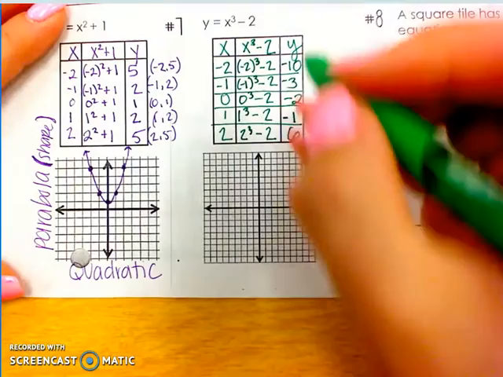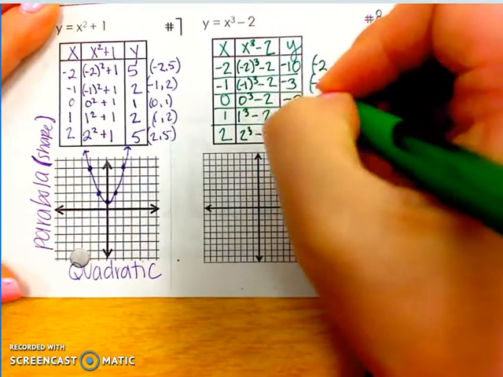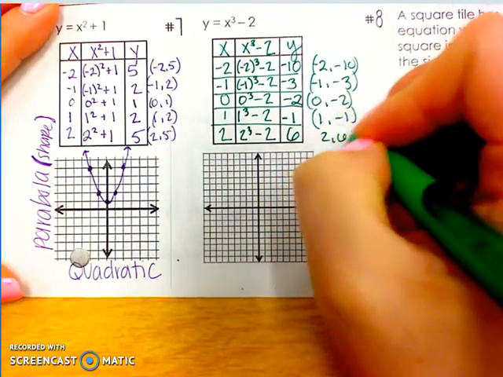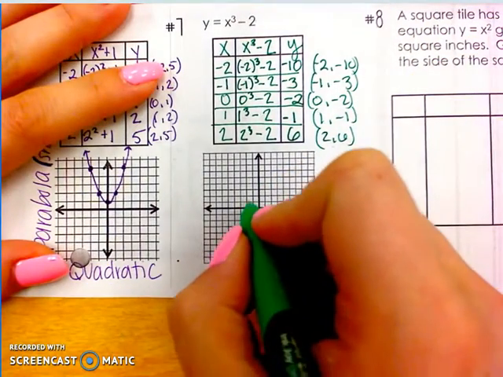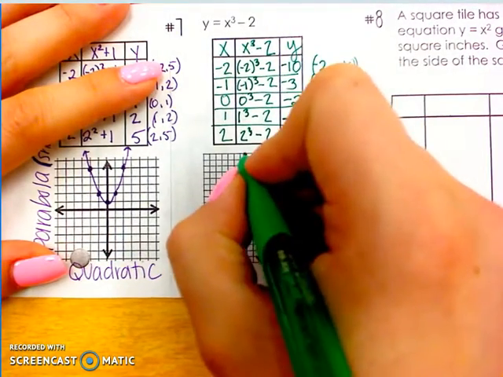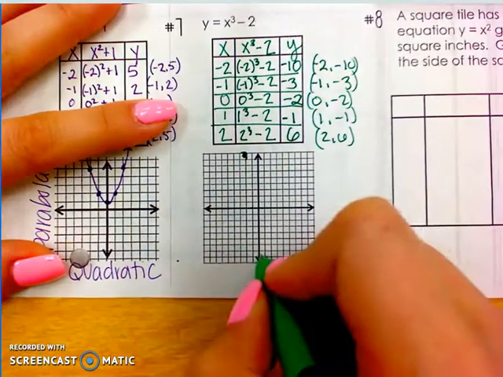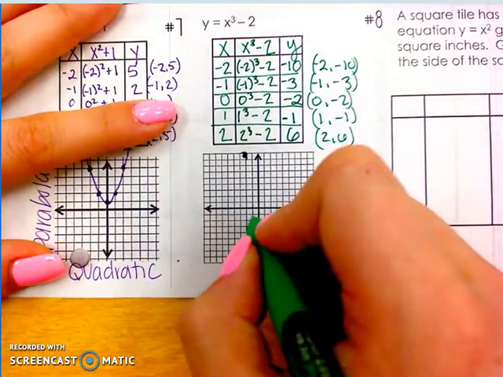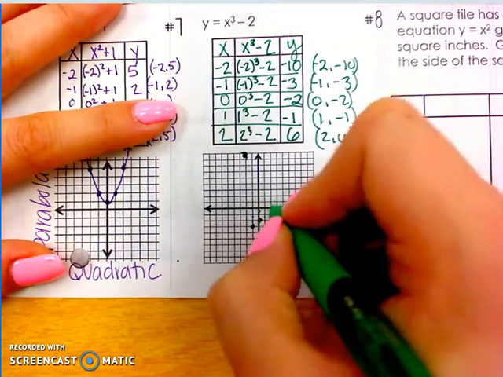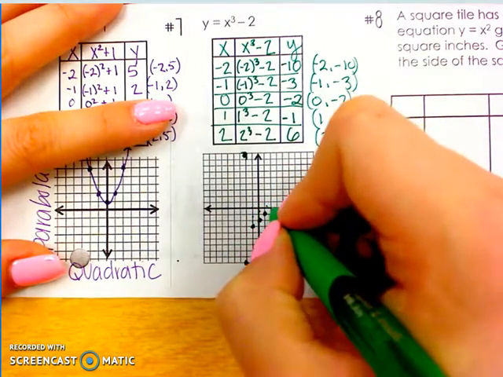Okay, so making those ordered pairs. This should have been -10. -2, -10, -1, -3, 0, -2, 1, -1, and 2, 6.